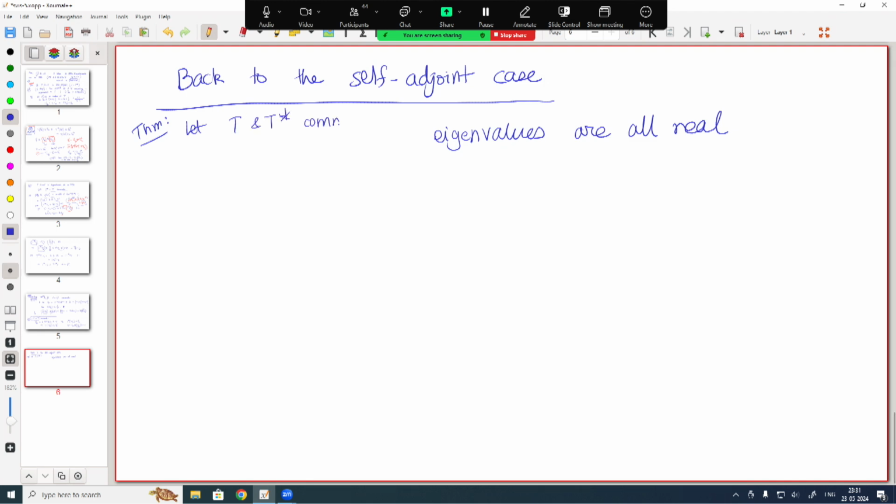This is what we mean by T is normal. Then T is self adjoint if and only if all its eigenvalues are real. Okay. So, this is how self adjoint operators are special in the class of all normal operators. They are normal operators with the additional property that eigenvalues are real.